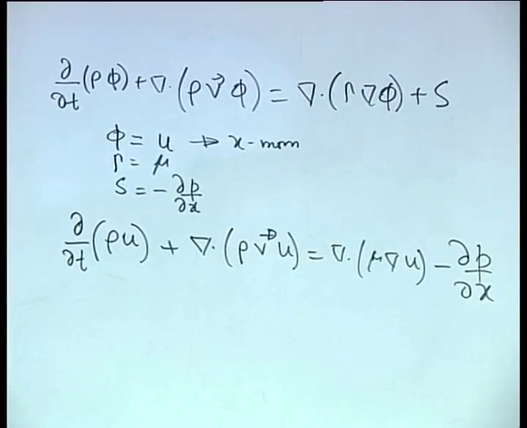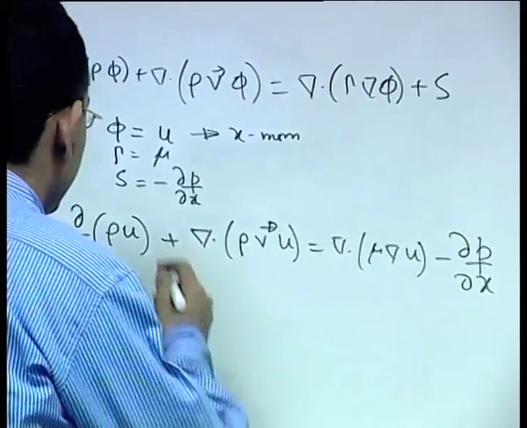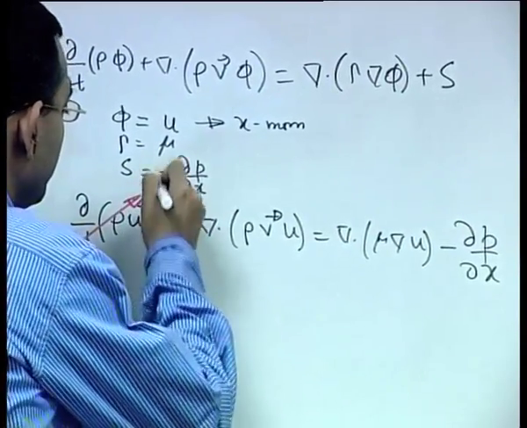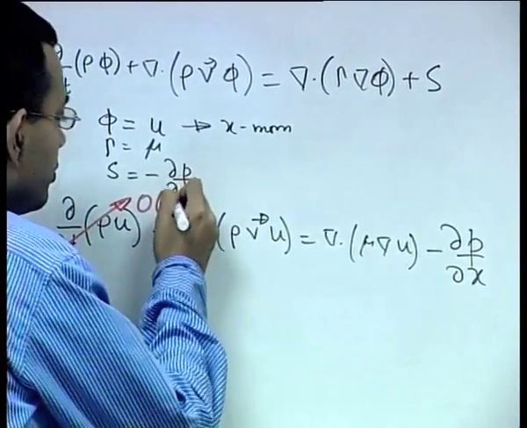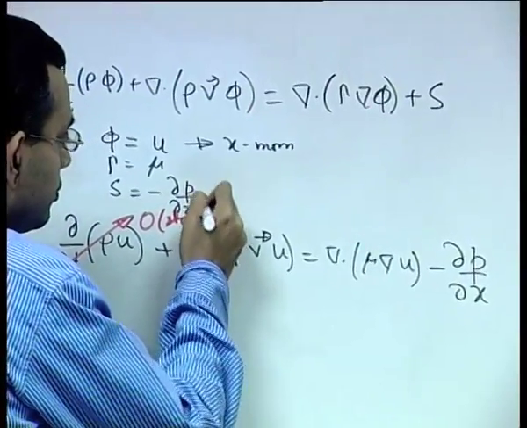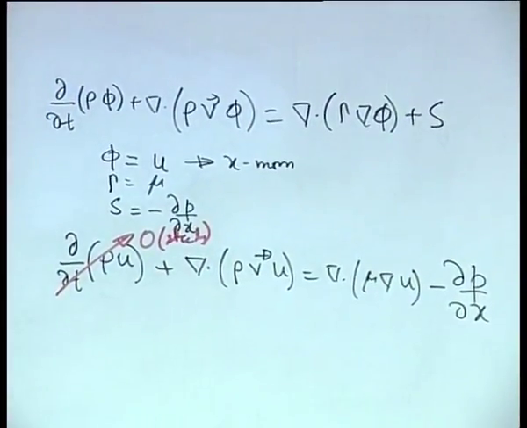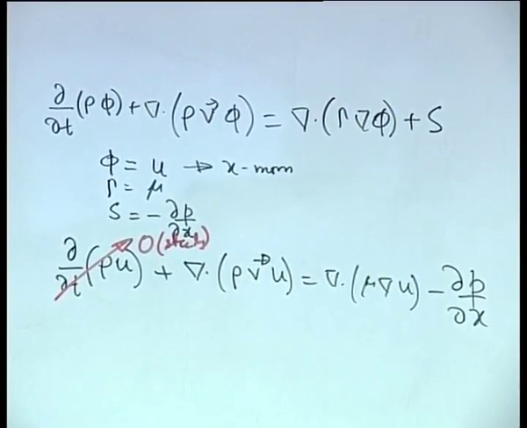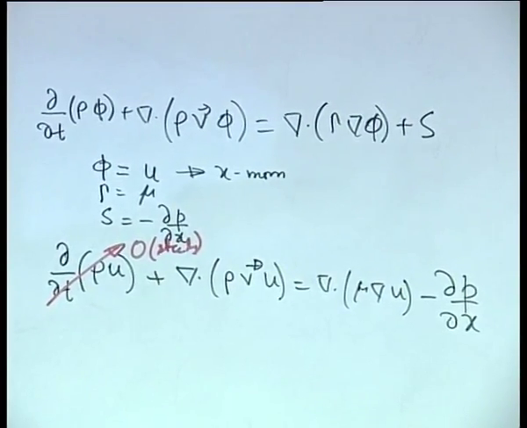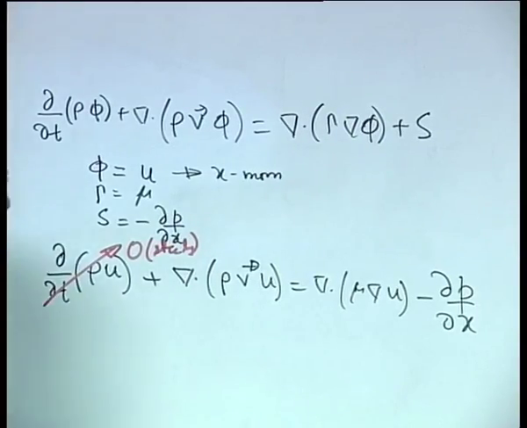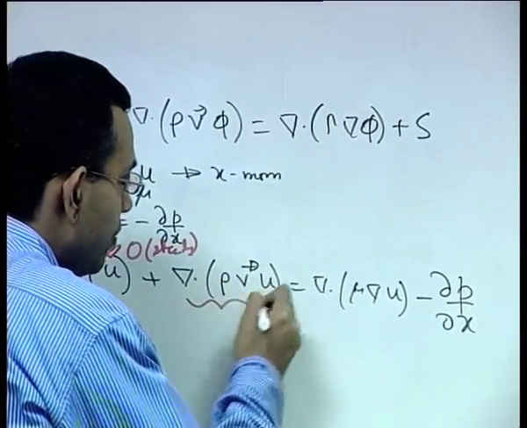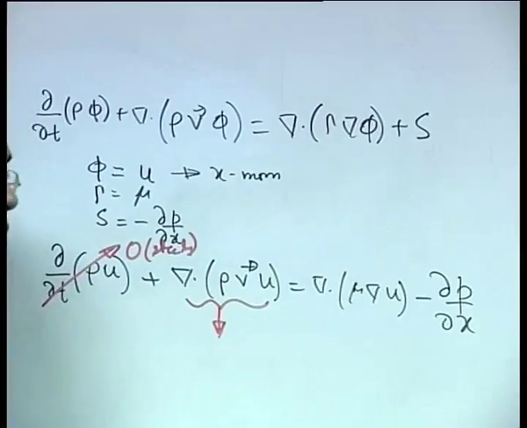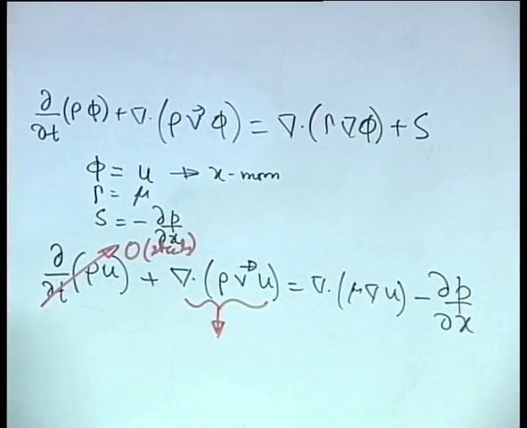Now, we can make certain simplifications. We can consider this term to be 0 because it is steady flow. We can also use the continuity equation along with this one to simplify this term. We will not go through the details of that, but you can simplify this.